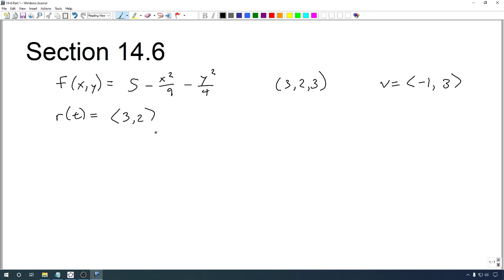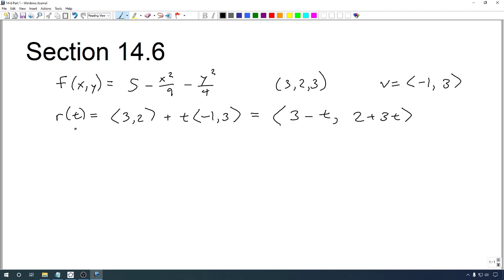But we take our point 3, 2, we add some parameter t times the vector. Or we could combine all this into one vector here. So we have 3 minus t and 2 plus 3t. This is our x, this is our y.